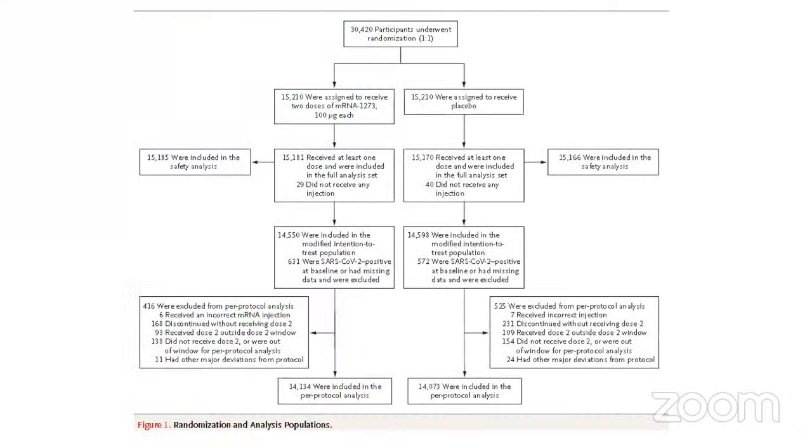It talks about the number of people who were screened, the number randomized to the treatment arm and the placebo arm, how many of them received at least one dose, how many were included in safety analysis, how many went on to complete the trial in full, and how many were dropouts and for what reason.